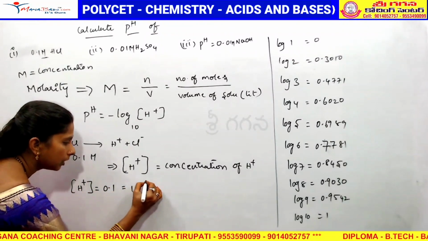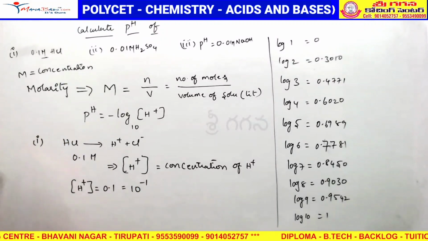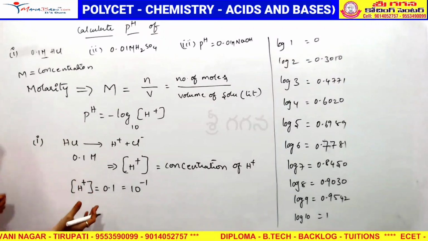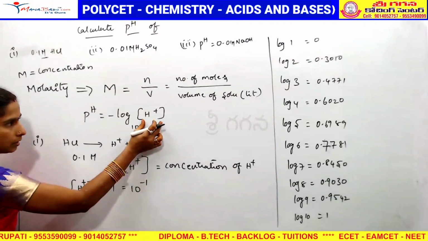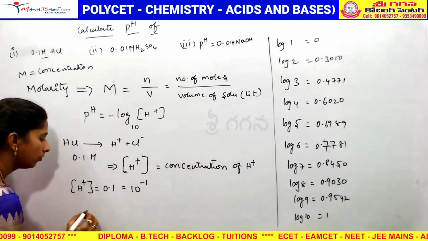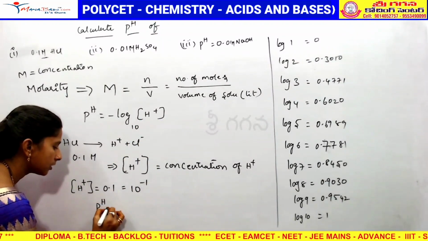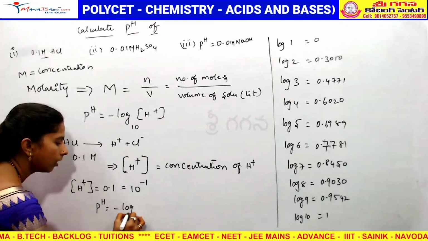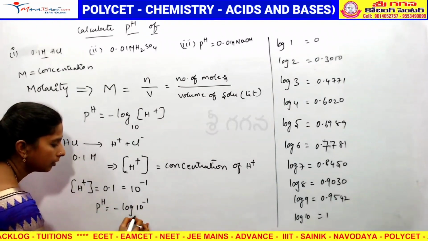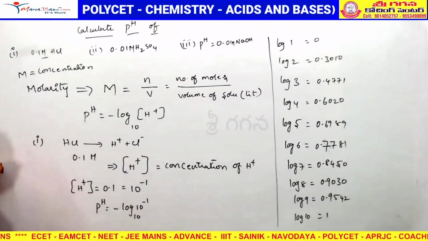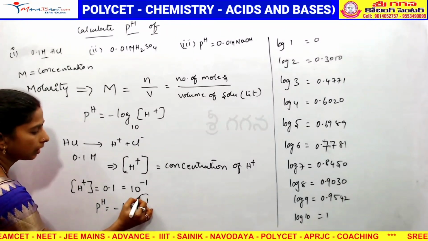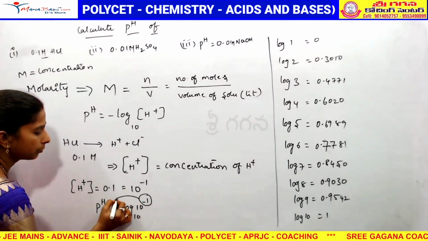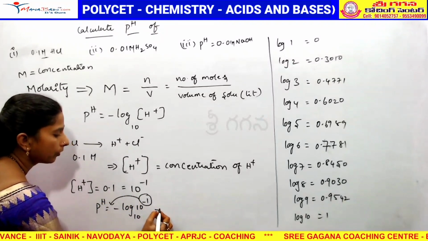0.1, for our convenience, we can write as 10 power minus 1. If we substitute this in place of the H plus ion concentration, what will we get? pH is equal to minus log 10 power minus 1, base 10. In logarithms, whatever is in the power comes to the front.